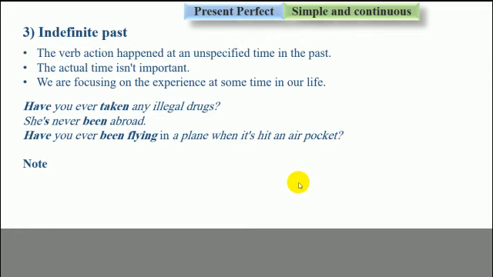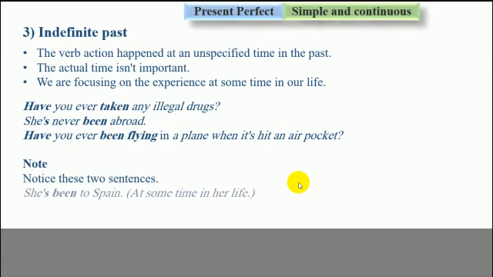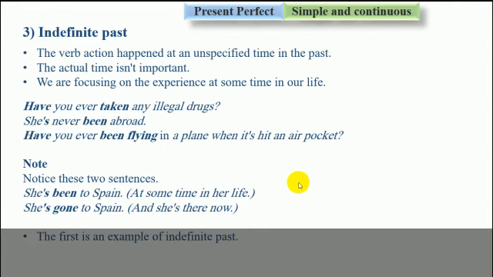Now notice these two sentences. First, she has been to Spain at some time in her life. While the second, she's gone to Spain, means she's there now. So the first is an example of indefinite past.